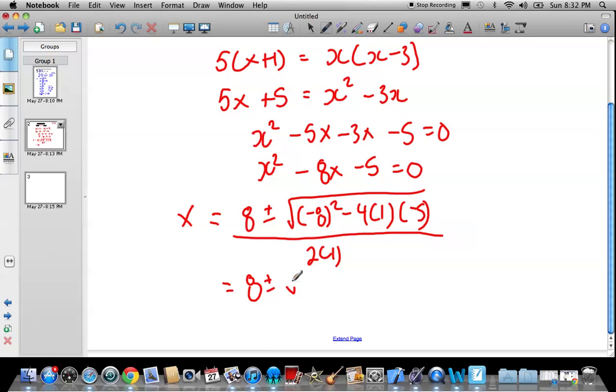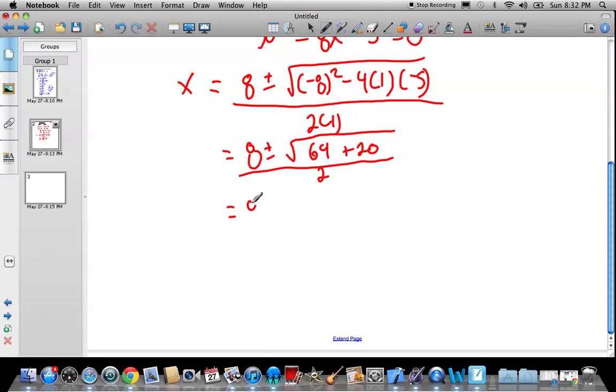8 plus or minus, 8 squared is 64 plus 20, all over 2. 8 plus or minus, that's going to be 84, divided by 2. So then you've got a situation here where you have to try and reduce this. I'm looking at that, and it's not blatantly obvious to me what it's divisible by.